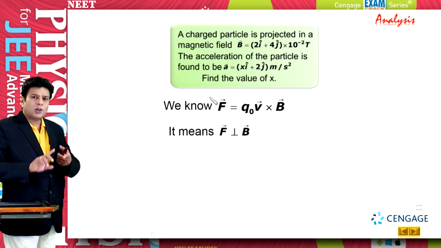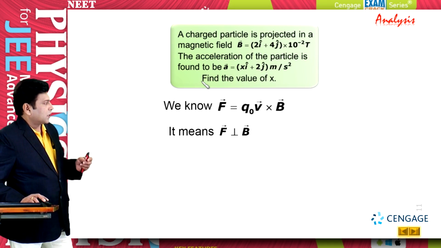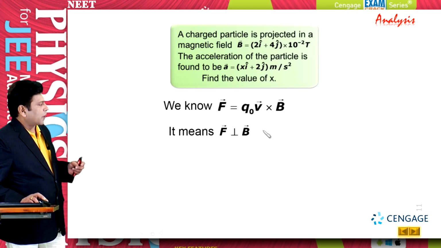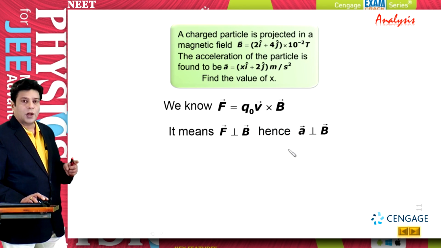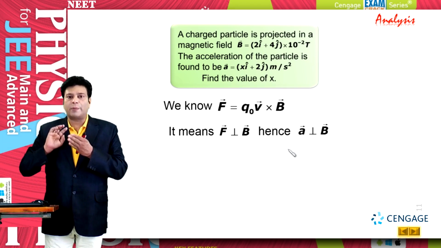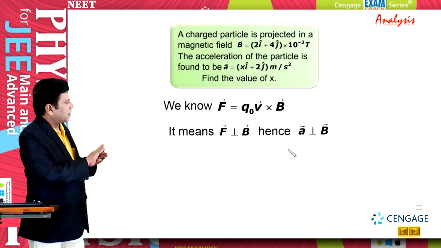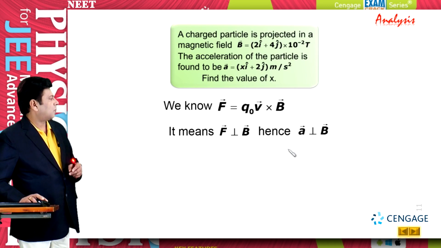And we know the direction of the acceleration and direction of the force should be the same. That means the acceleration vector should also be perpendicular to the magnetic field vector, right? Now, if the acceleration vector and magnetic field vector are perpendicular, that means the dot product of the acceleration vector and magnetic field vector should be 0.